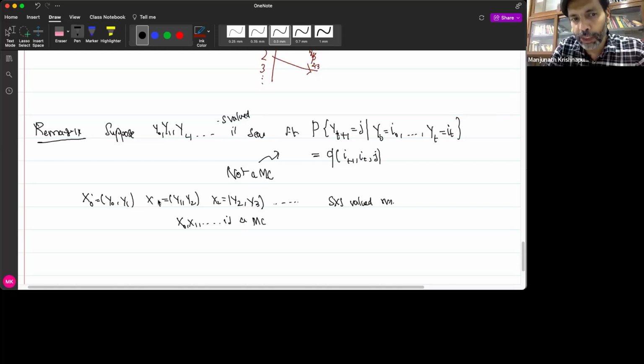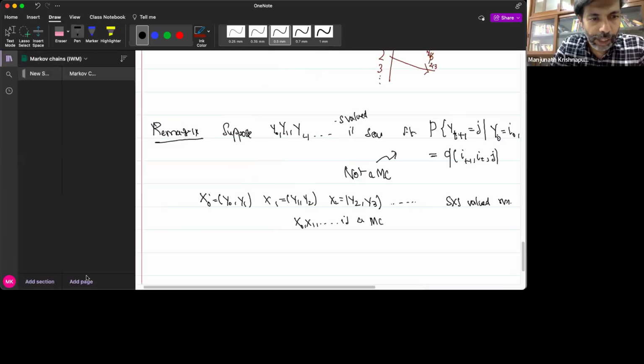And y1 and y2 are there in x1. So the distribution of x2 will depend only on the x1 value. So this is actually a Markov chain in our definition. So for longer memory, you do not need a new theory. You can model it using this Markov chain definition itself. You just have to enlarge your state space.